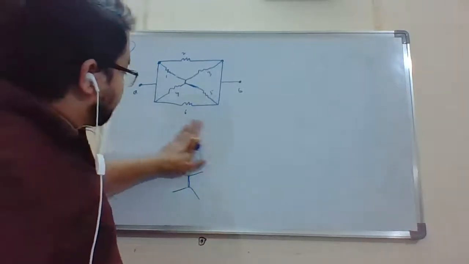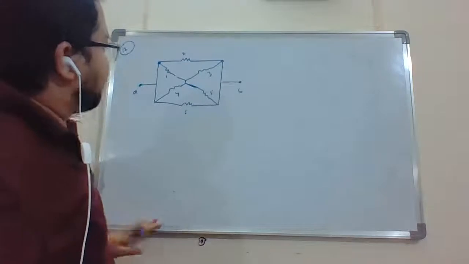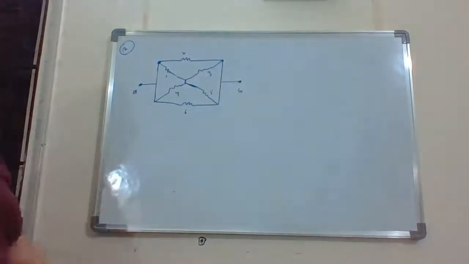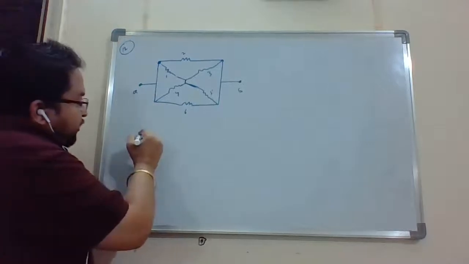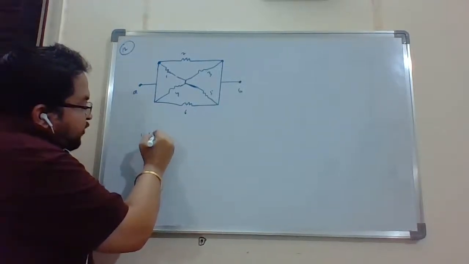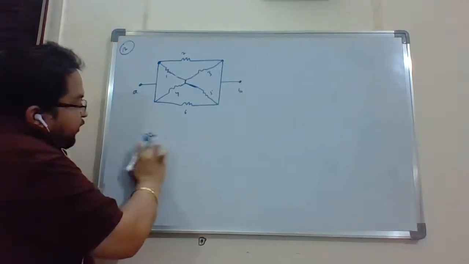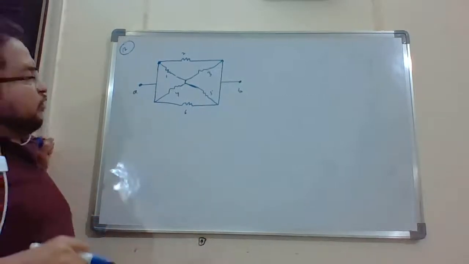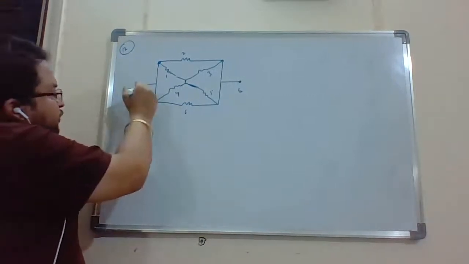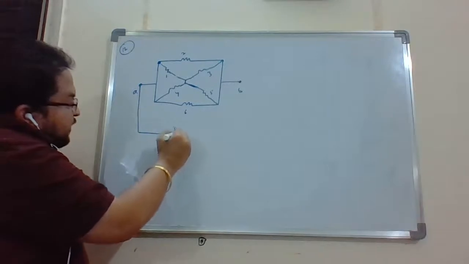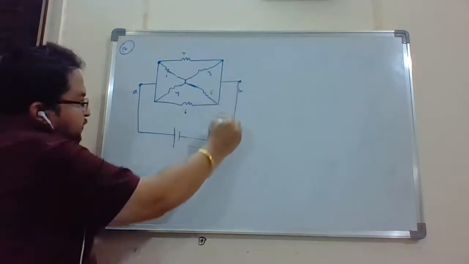Okay. So to solve these kinds of problems where we cannot find series and parallel easily, we use a technique called the battery technique, or cell use technique. So what do we do? Let us connect an imaginary cell to this.